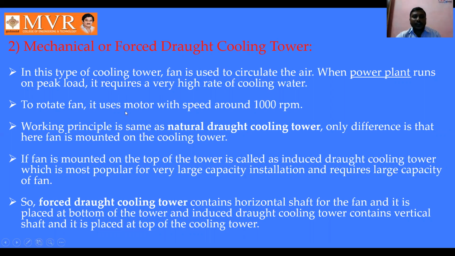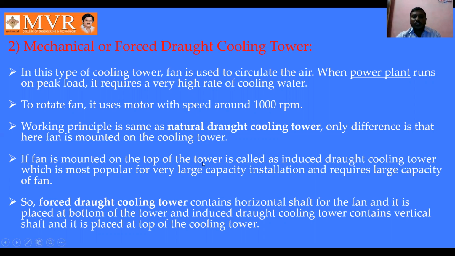To rotate the fan, it uses a motor with a speed of around 1000 rpm. The working principle is the same as the natural draft cooling tower that I described. The only difference is that here the fan is mounted on the cooling tower.